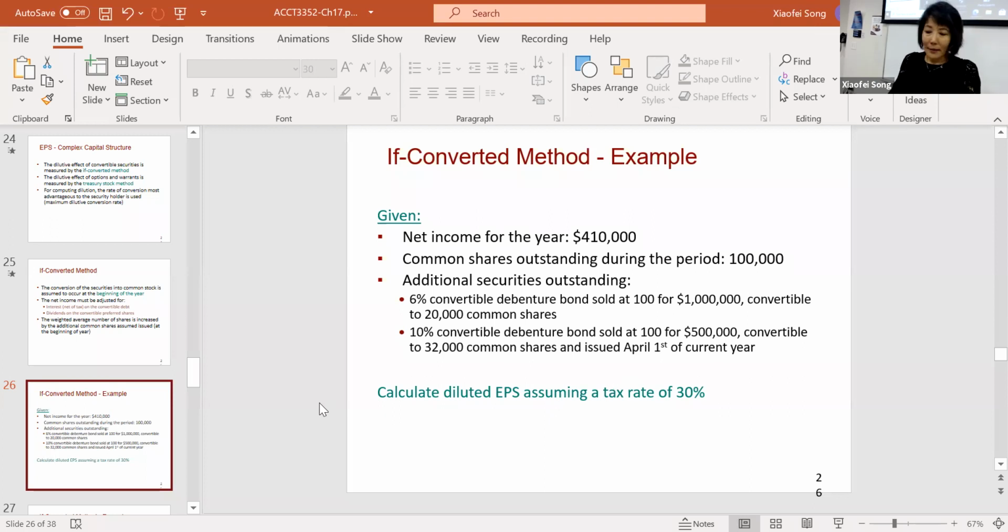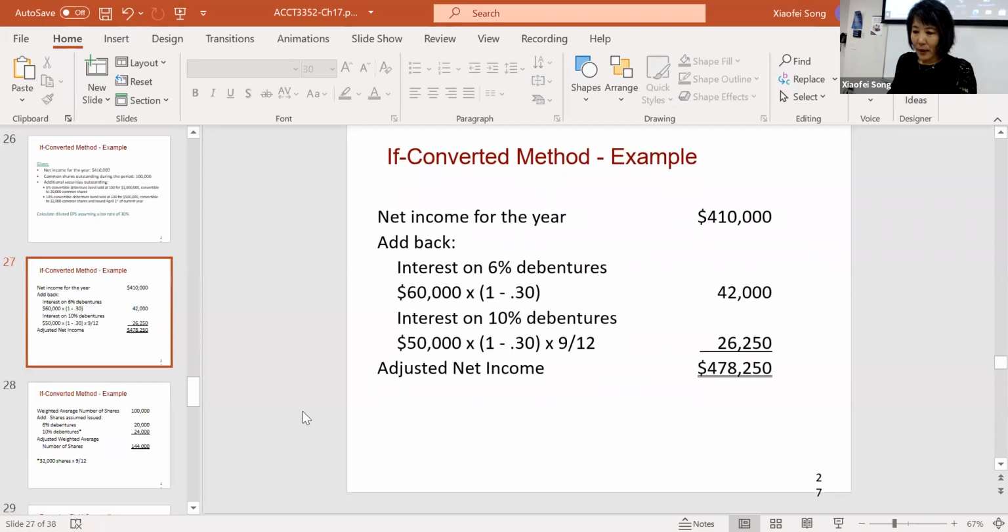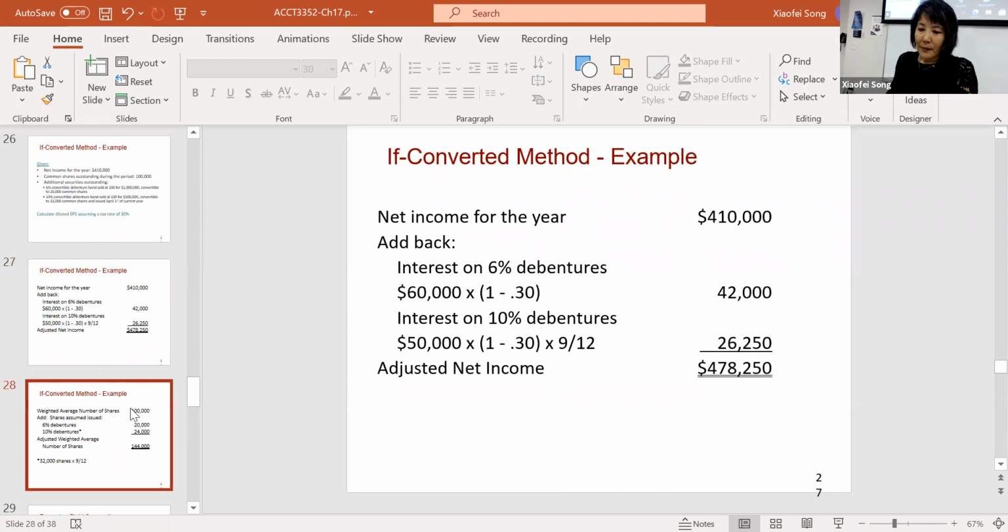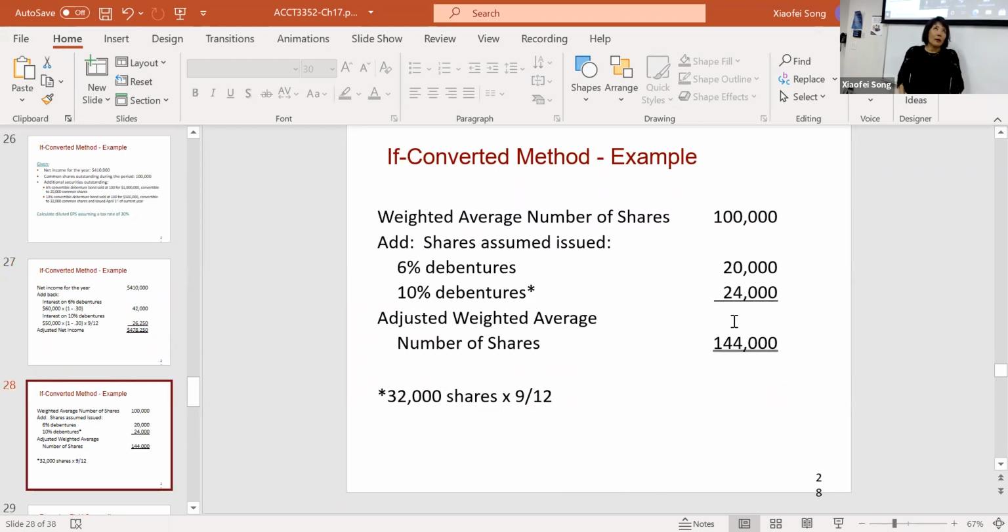Why do we need that? This is why. What happens if we assume these bonds were converted, either from the beginning of the year or as soon as they were issued? If they were converted, two things happen.